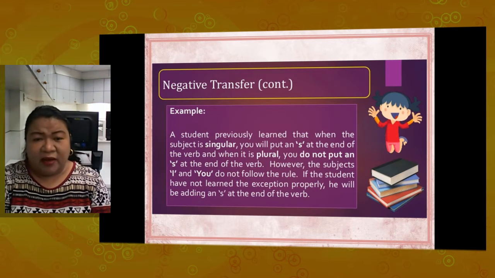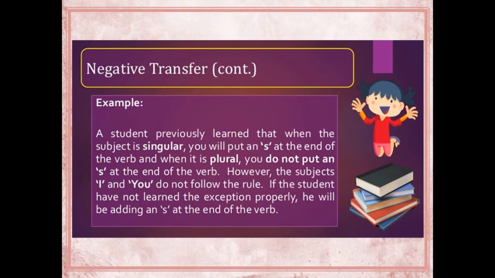For example, a student previously learned that when the subject is singular, you put S at the end of the verb, and when it is plural, then it's just the base word, no S. However, the subjects I and you do not follow the rule. If the student has not learned the exception properly, he will be adding S at the end of the verb.